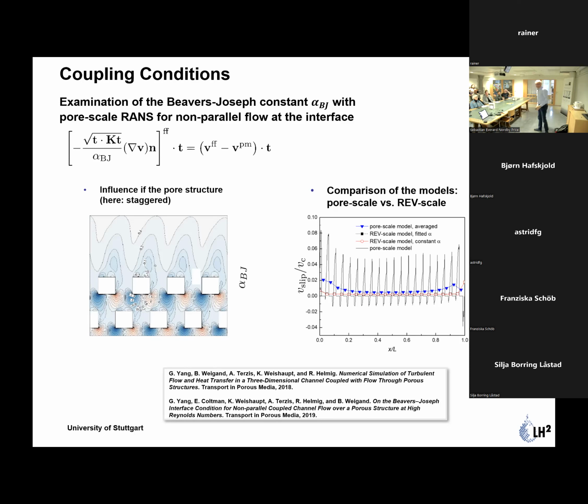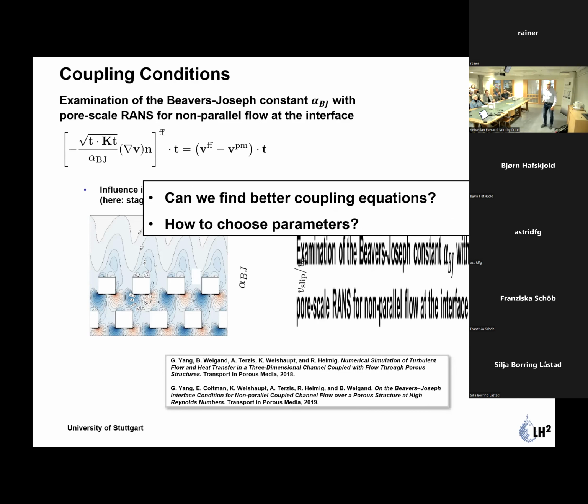That's not the case. But you see, there are differences in the system for this very simple example. So then we have decided, oh, what's this? This is a new slide. Yeah, sorry. Can we find better coupling conditions? How to choose parameters? That is one of the key questions related to this.